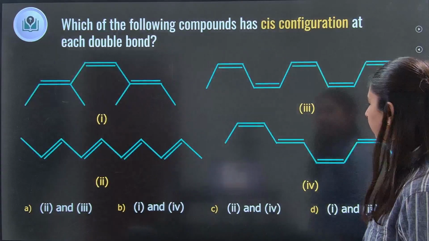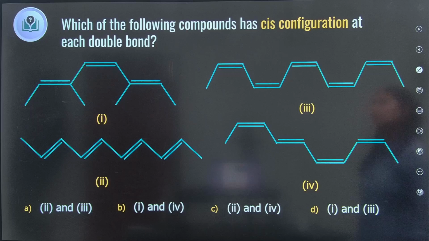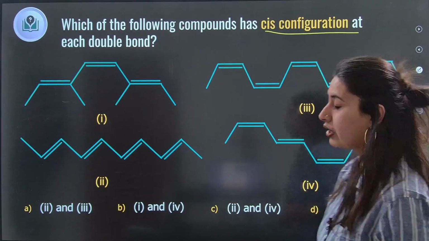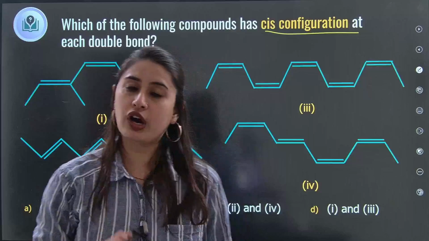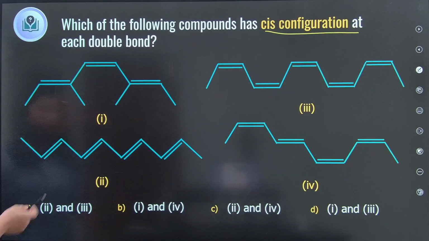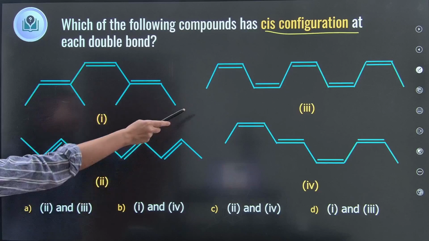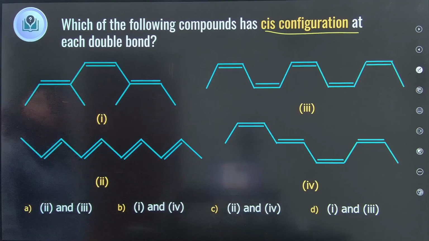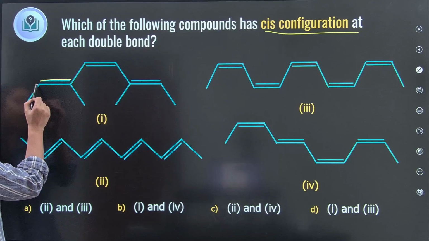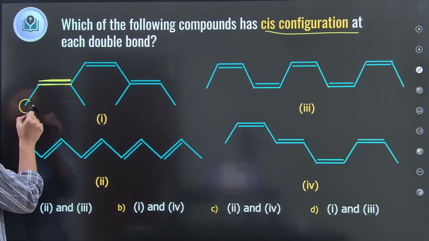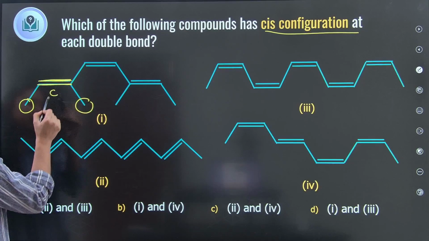Another rapid fire. Please be very quick in this one. Which of the following has cis configuration at each double bond? You have to check the configuration at each double bond. You can start with the first, second, third and fourth options. Check, check, check. The moment you see a double bond with a methyl and a methyl, this is a cis.